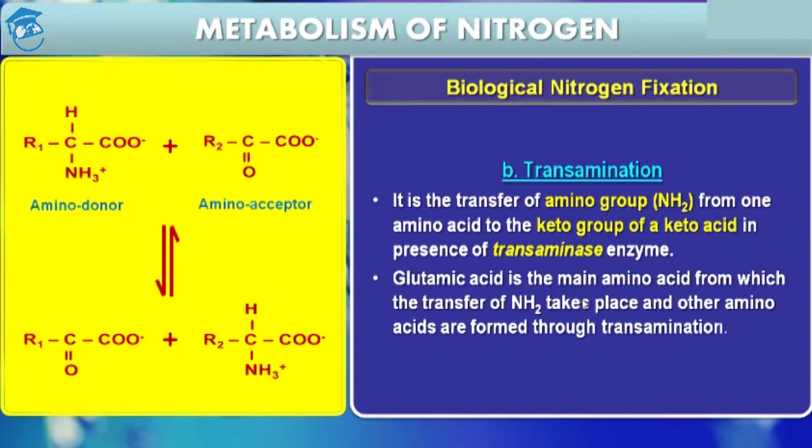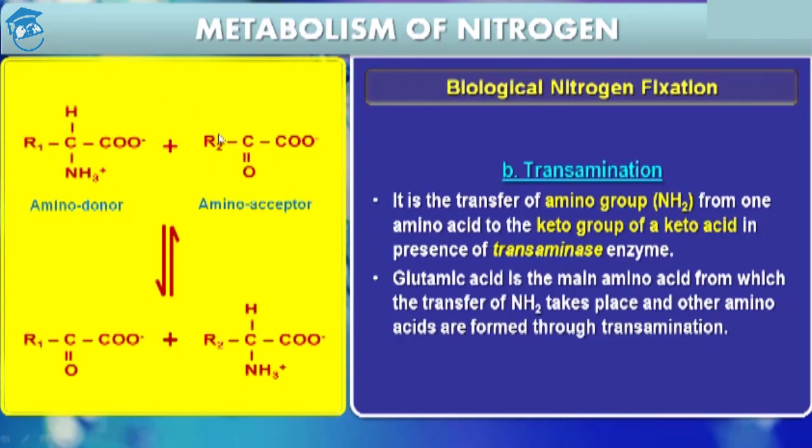So glutamic acid is the main amino acid from which transfer of NH2 takes place, and other amino acids are formed through transamination. See, this is the amino donor, this is one amino acid and this is another amino acid. So this is the amino acid donor and this is the amino acid acceptor.